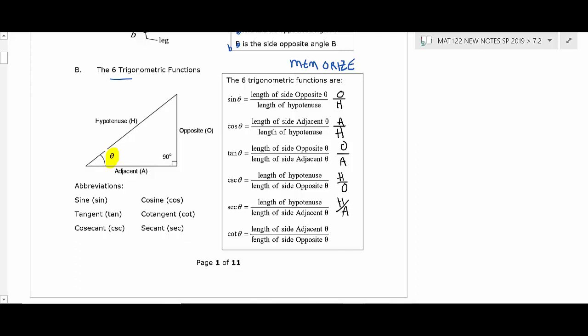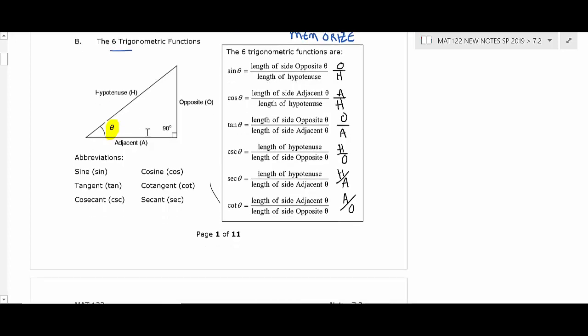The cotangent is the reciprocal of the tangent, so it's adjacent over opposite. Those are your 6 trig functions and how they relate to a right triangle. You want to get those definitions committed to memory, and we're going to work a little bit in this section on how to use right triangles and trigonometry to find other parts of a triangle.